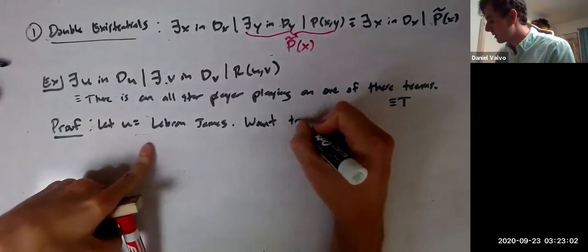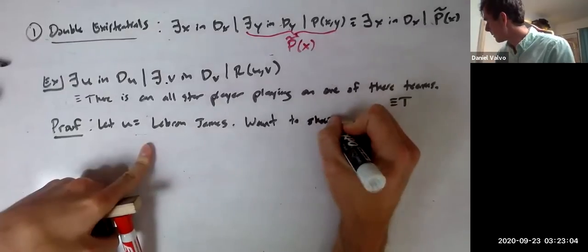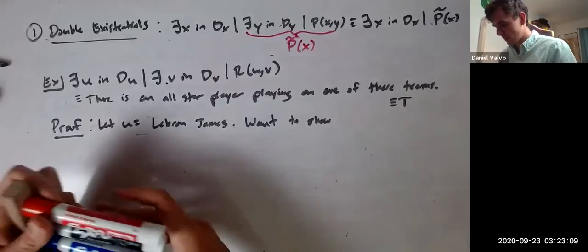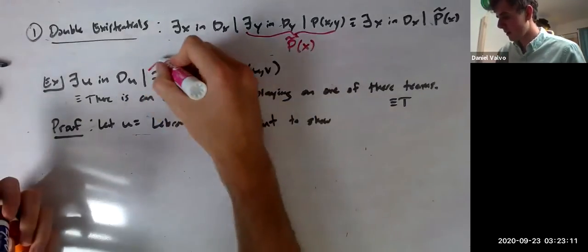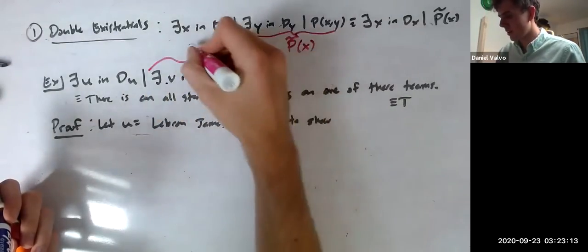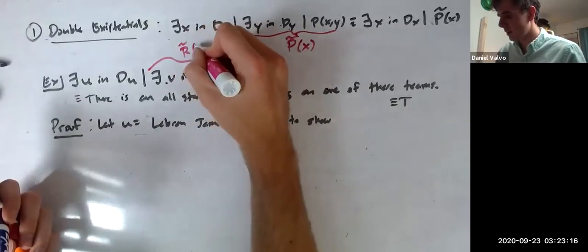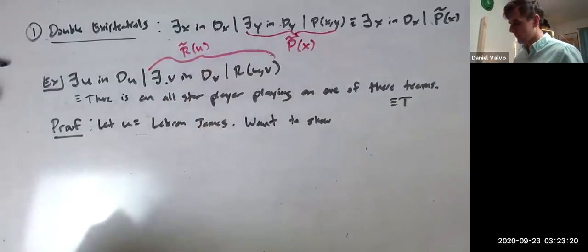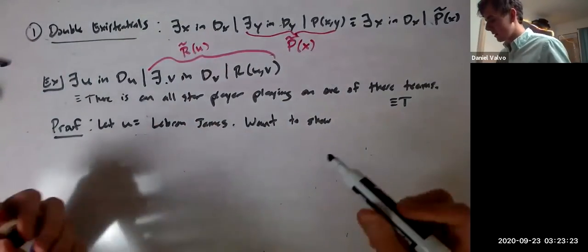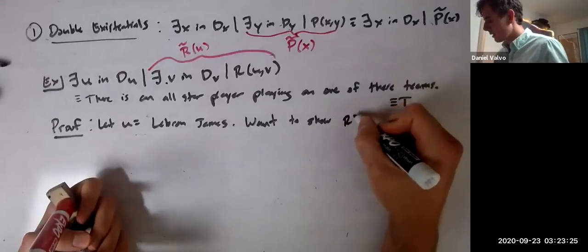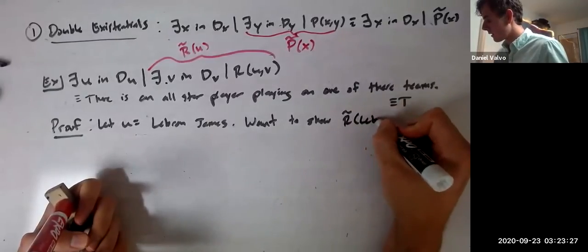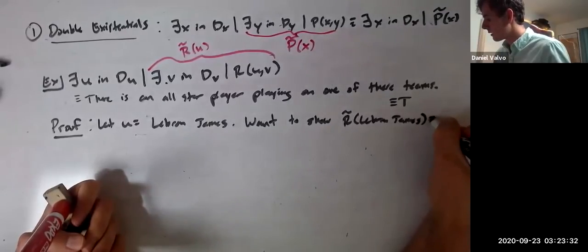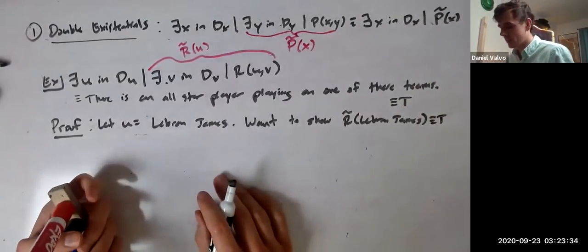So then let U equal LeBron James. We want to show that... So now, this I'm going to call R squiggly of U, a predicate. We want to show that R squiggly of LeBron James is true, right?